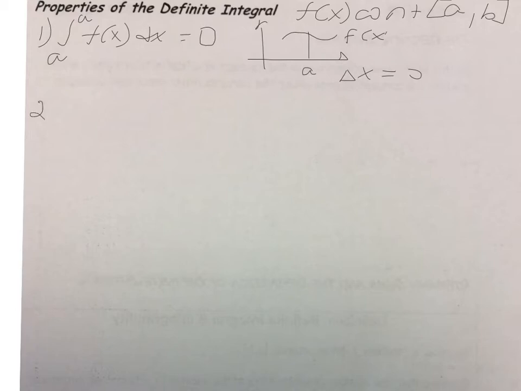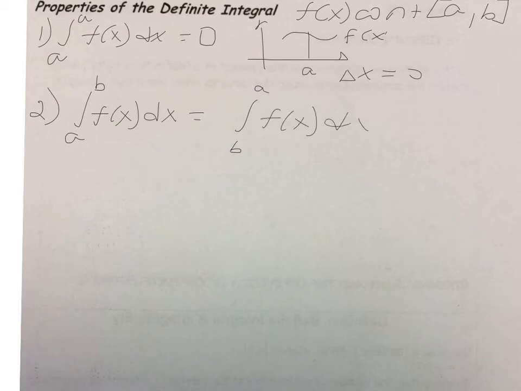Now the next property is if we have an integral from a to b of f of x dx, and we want to compare it to the integral from b to a of f of x dx.